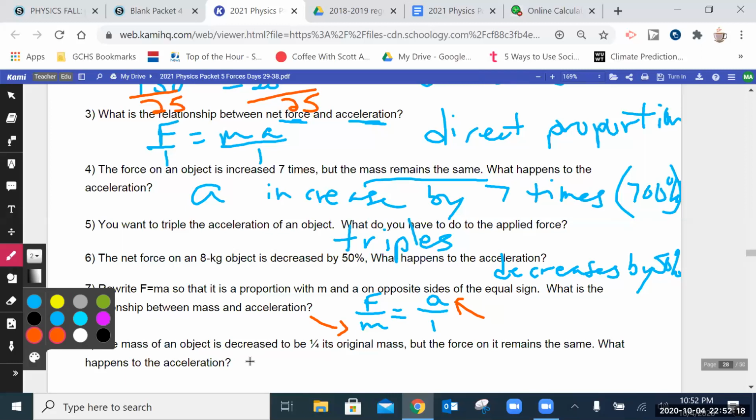However, if you decrease the mass of the whole situation, you dump off some of the rocks, the mass goes down, but that enables the acceleration to go up. It can accelerate faster now that it has a lighter load. So that's what we mean by an inverse relationship. They change in opposite ways.